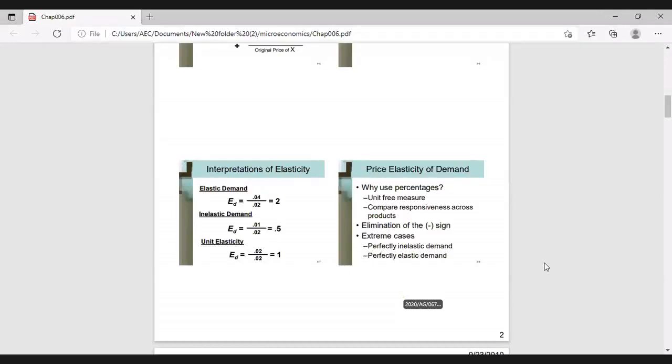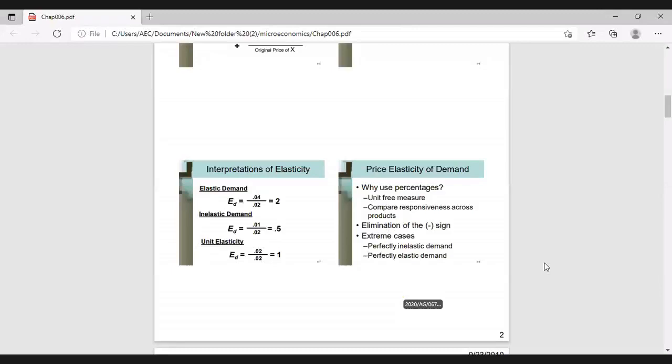If we calculate elasticity, it is zero. So this is perfectly inelastic demand. There are some approximate examples. It is an extreme, rare case, so we cannot give an exact example, only approximate examples.